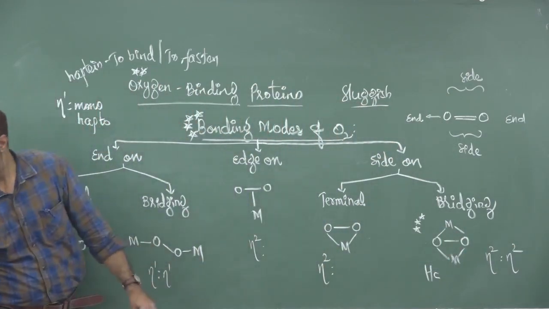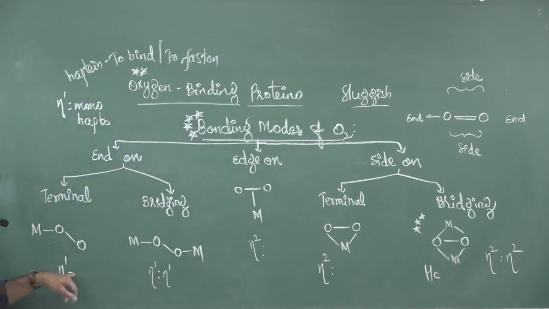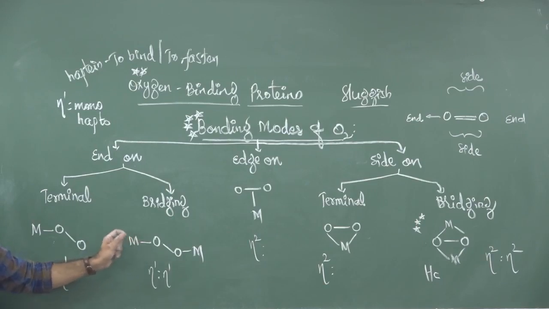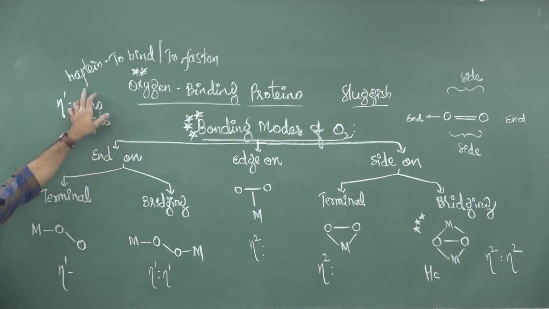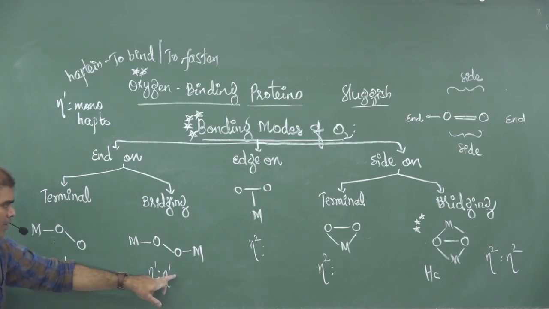That was a previous CSIR exam question. So eta means hapticity, where how many donor atoms of the ligand are bound with the metal. That is called hapticity. In this case only one donor atom, eta 1, only one donor atom, eta 1, eta 1.